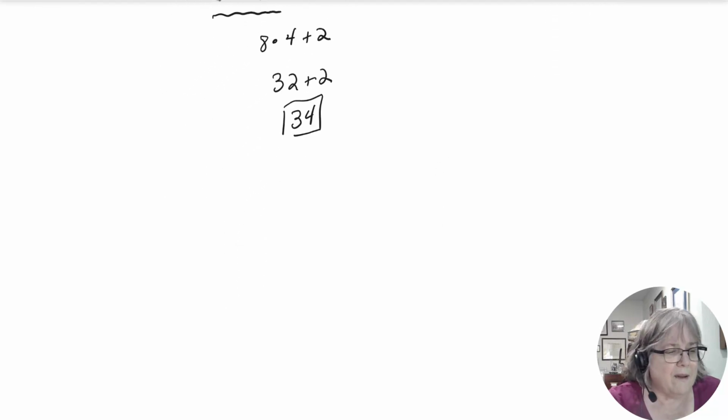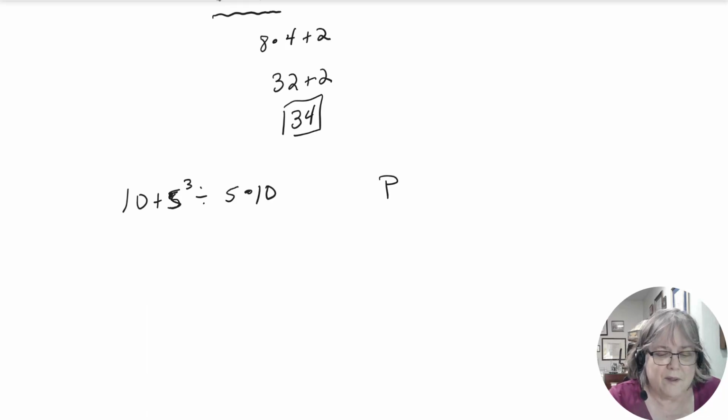What if you have 10 plus 5 cubed divided by 5 times 10? Please excuse my dear Aunt Sally. Do I have any parentheses? No, I do not. Do I have exponents? Yes, I do.